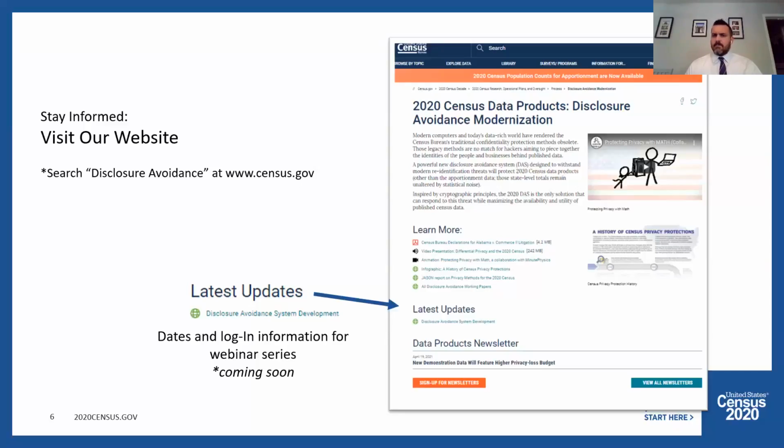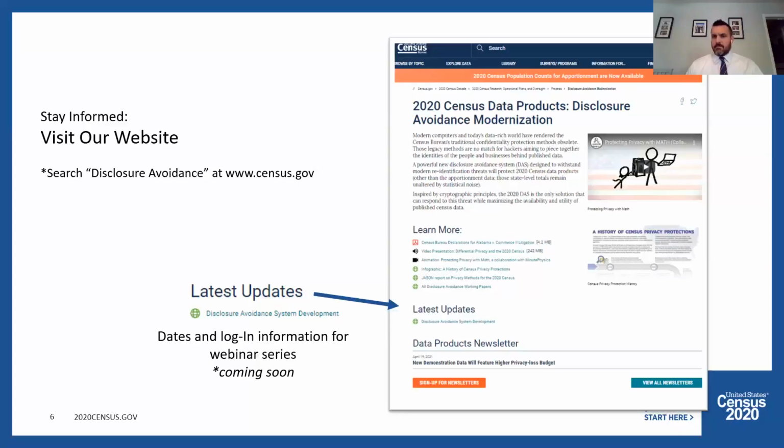But we are now turning our attention to that and beginning the stakeholder engagement process that will allow us to do the same kind of tuning of the algorithm for the DHC use cases that we've done for the redistricting use cases.